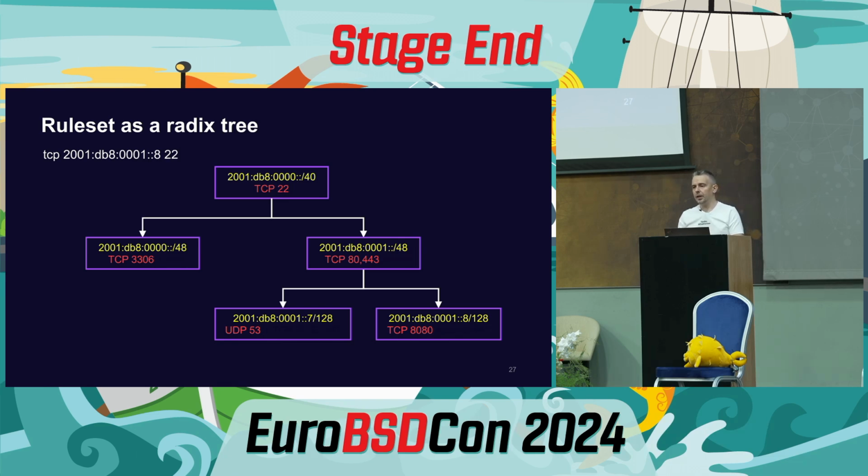If we make a lookup in the table, we are going to find a more specific prefix in the Radix. And to make it right, to filter the traffic properly, we need to pull all the protocols and ports down to the leaves of the tree.